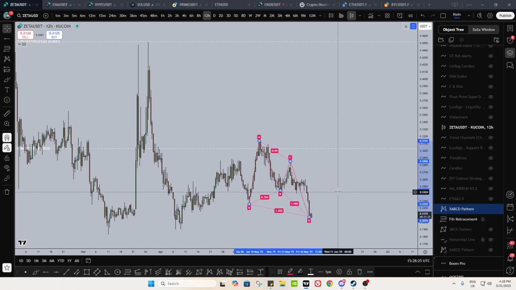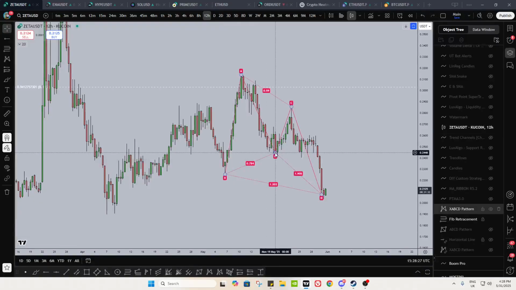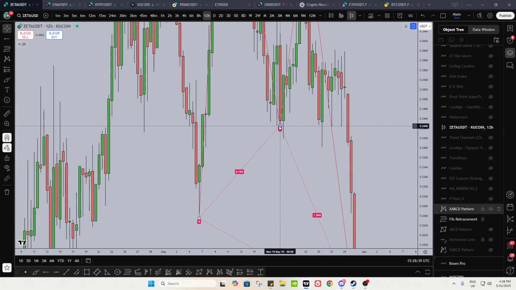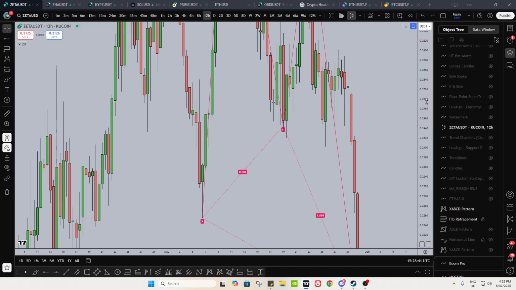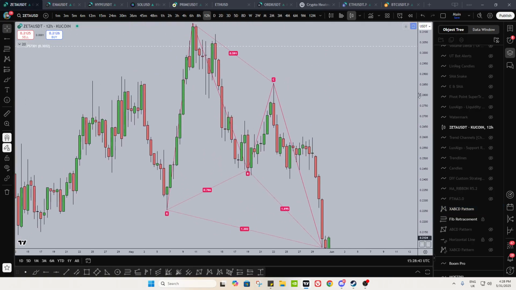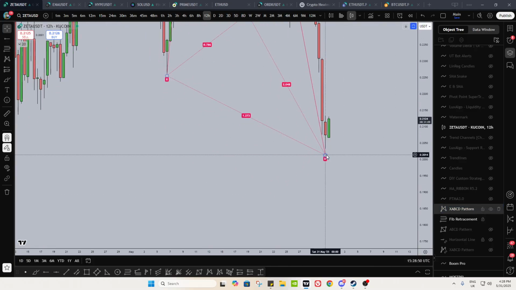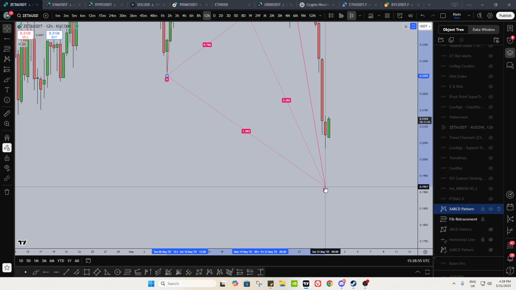1.272, nearly. Hate these god awful front runs. And if we go to the 1.414, a bit deep.